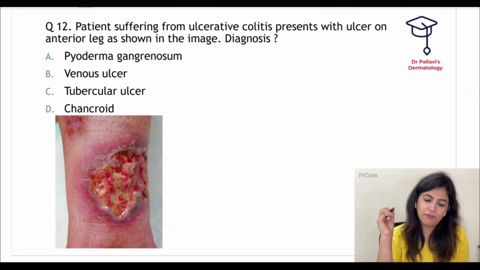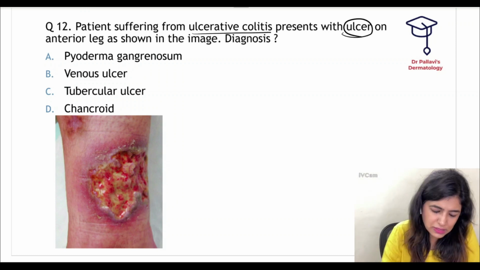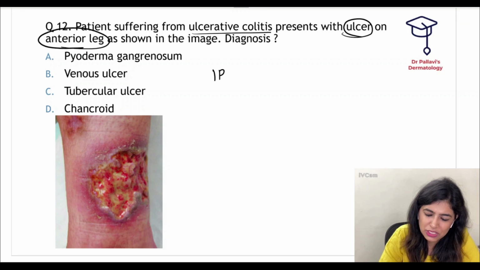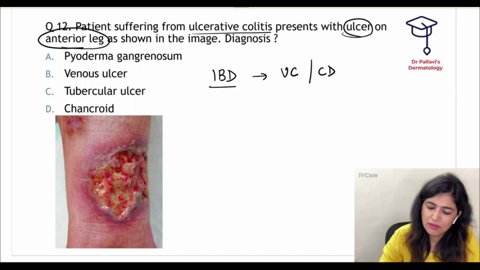Question number 12. A patient suffering from ulcerative colitis presents with an ulcer on the anterior leg as shown in the image. Okay, so the history tells us that a patient is suffering from IBD, that is inflammatory bowel disease, could be either ulcerative colitis or Crohn's disease.